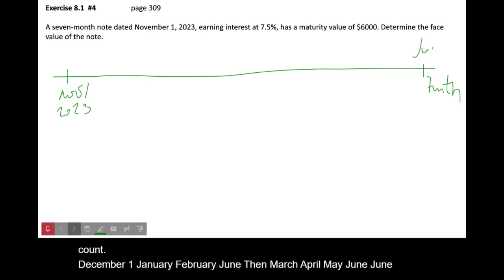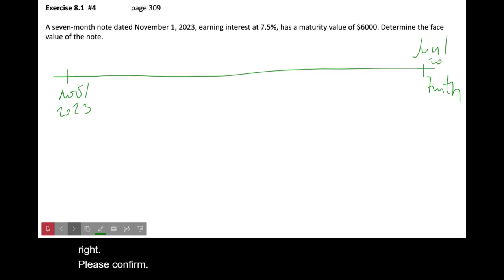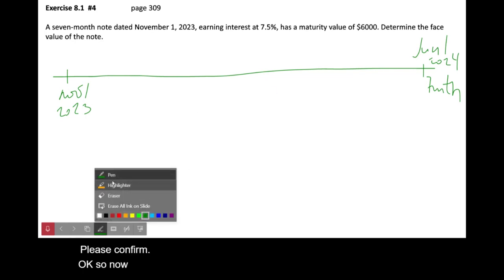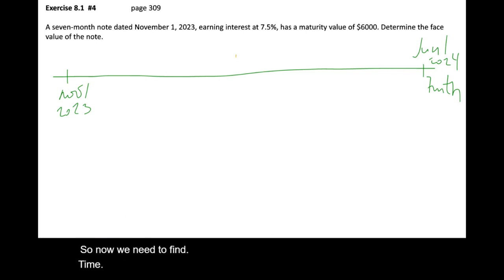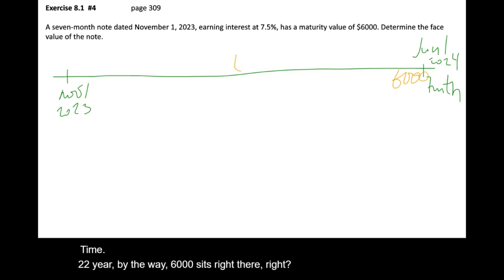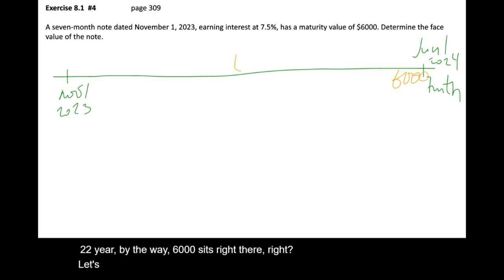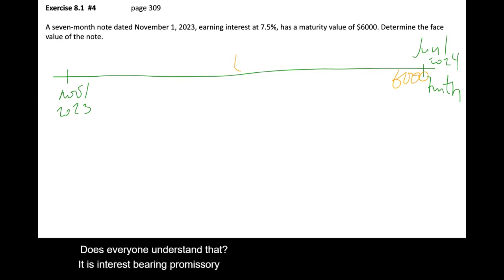June 1, right? Please confirm. Okay, so now we need to find time. By the way, 6,000 sits right there, right? That's the maturity value. So that is an interest-bearing note. Does everyone understand that? It is an interest-bearing promissory note.